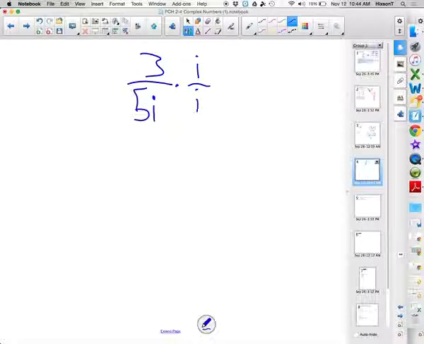So it's allowed to stay in the denominator. I'm just going to multiply by whatever that radical part is. Otherwise, I'm going to have to reduce at the end. So it's not wrong, it just adds an extra step. So if we then multiply, we have a 3i in the numerator, and what does the denominator end up being? A minus 5.